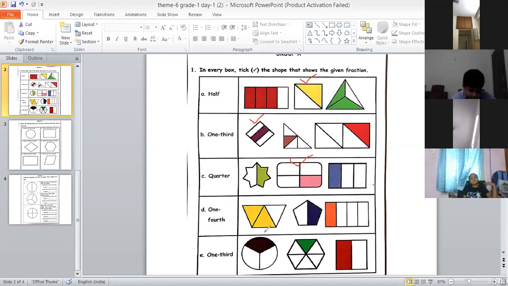Ashwath, tell me, this first shape is divided into how many parts? Count properly and tell me. Yes, in the fourth question, the first option, the first shape is divided into three parts. Now, out of these three, Ashwath, how many are shaded?